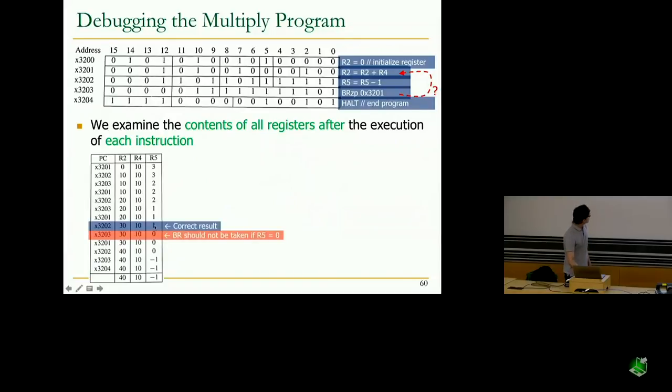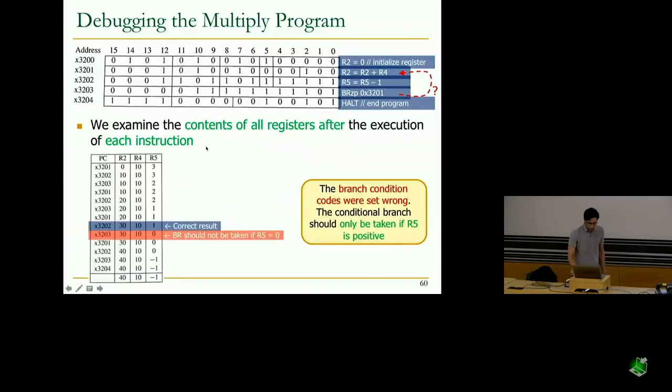The branch should not be taken at this point, but it was taken, so we had one more iteration, and this means that the final result, instead of being 30, is 40.